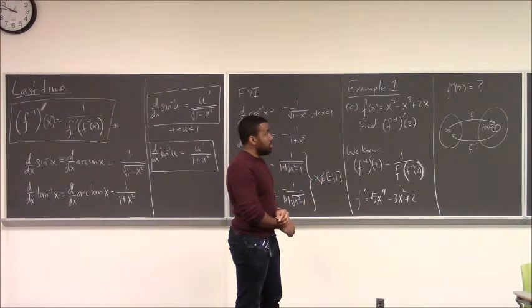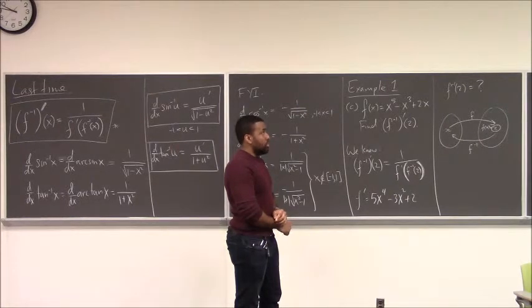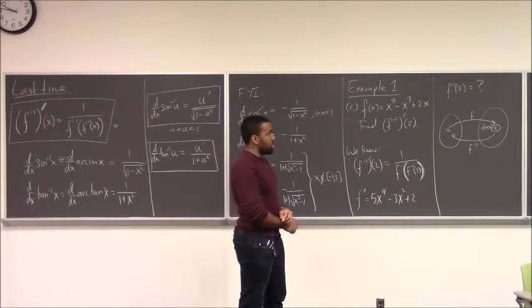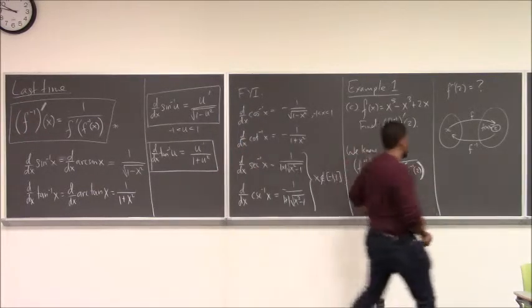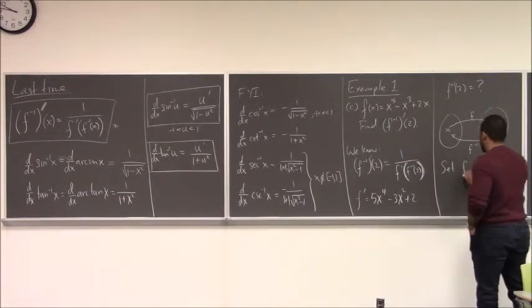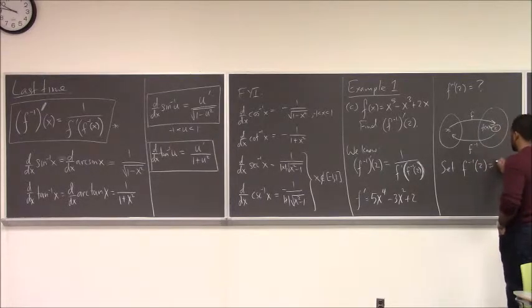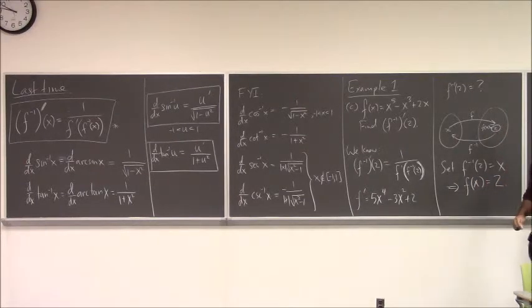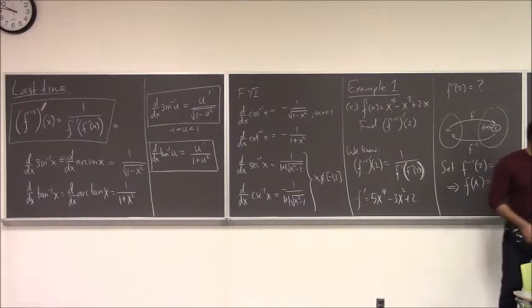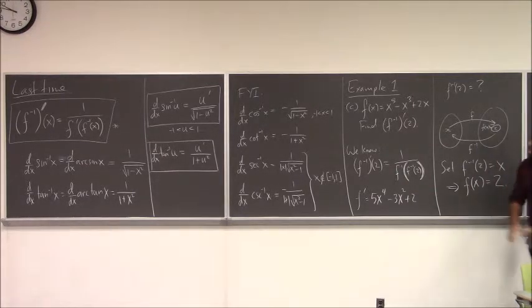So when you see f inverse of 2, the fact that it's an input in the inverse function means it's actually an output of the original function. So if you set f inverse of 2 equals x, what that means is that you want to find the x value such that the output of the original was 2. Now, how do you go about figuring out where the output of the original was 2?